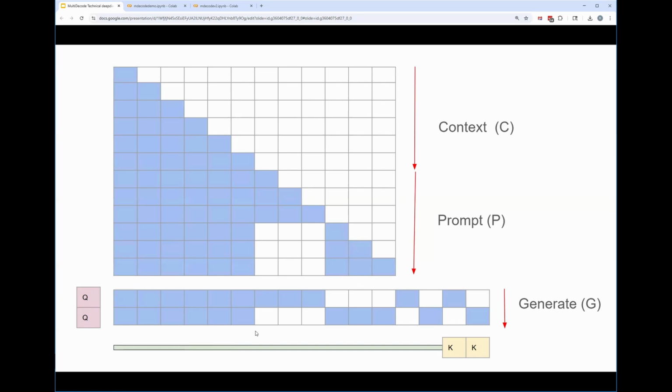If you were to compress everything to the left and get rid of all the white squares that are masked out, it would look just like perfectly normal decoding. It would just be the numbers 0 through n, all in ascending order, and that's true for any row. Here we only have 2 rows, but if you're doing multi-decode 5 ways, you just have a lot more white space.